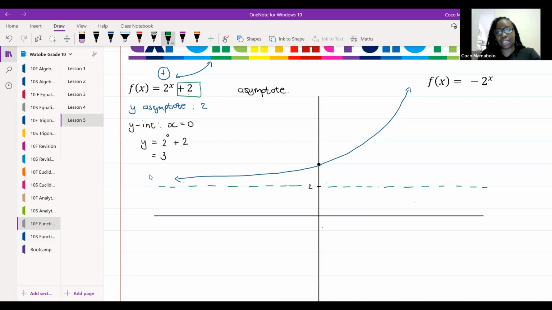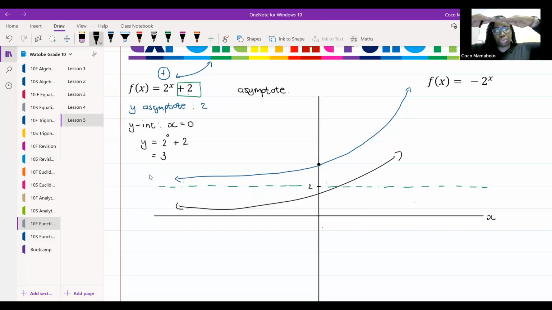Our graph was sitting here next to the x-axis. What this plus 2 tells me is: take your graph and move it up 2 units. But then our graph can't touch this line. Our graph must be above the line.